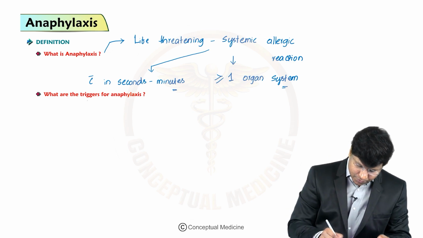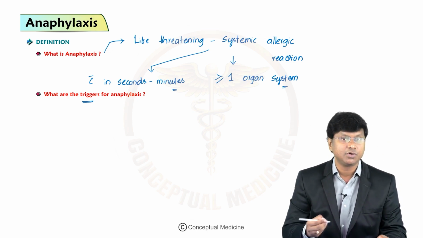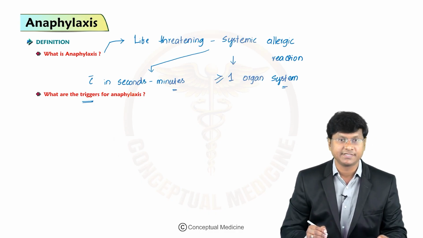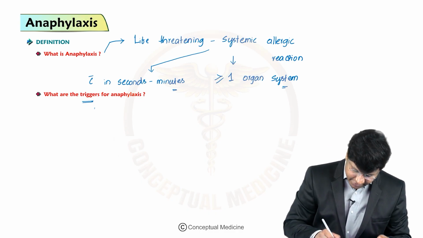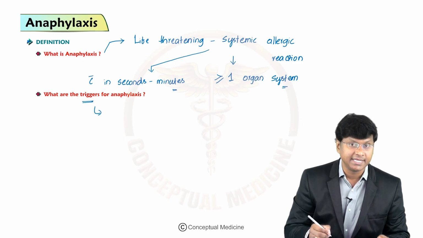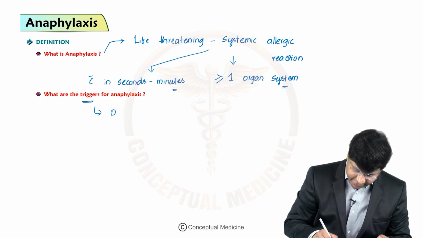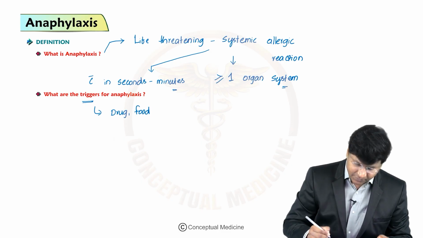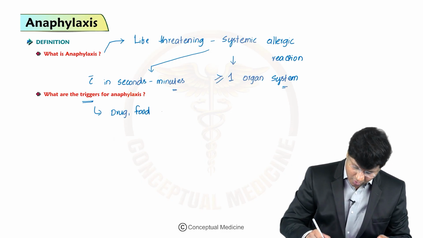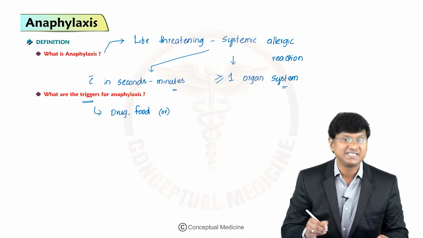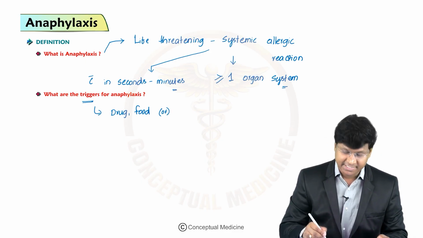Now, you need to know what are the triggers for anaphylaxis. Most often, the triggers include a drug, food, or a bee sting, that is Hymenoptera sting.